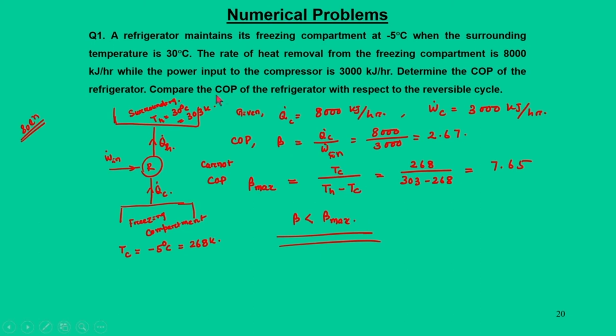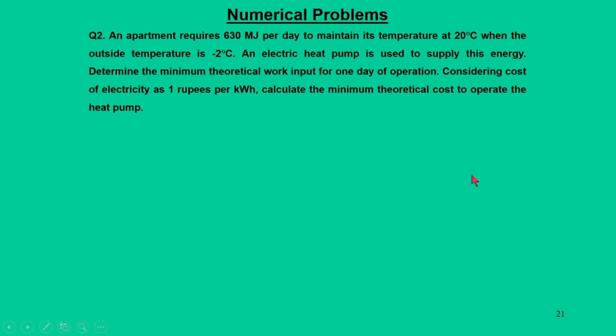So, this is how we call this an actual refrigerator, for which the COP is close to 2.67, but its maximum COP could be as high as 7.65. And one interesting thing to understand today: the COP value could be higher than 1 or less than 1, whereas efficiency is always less than 1.